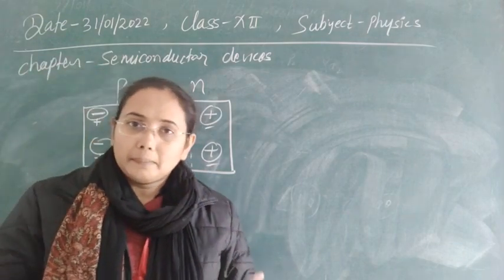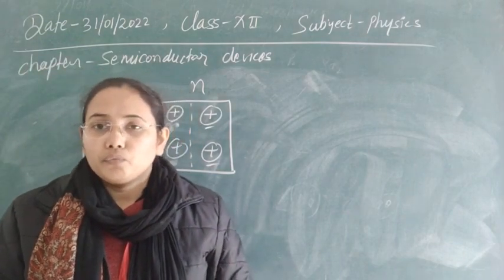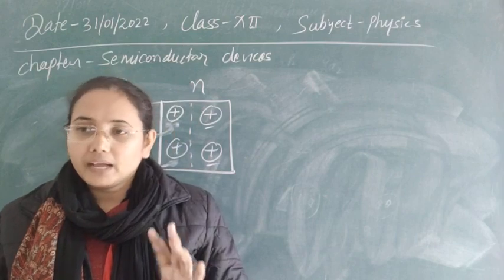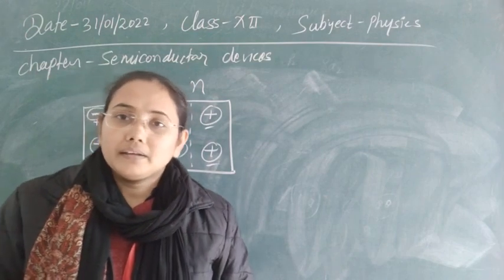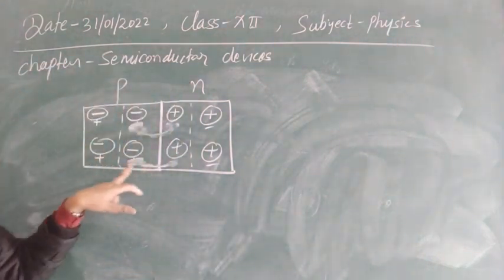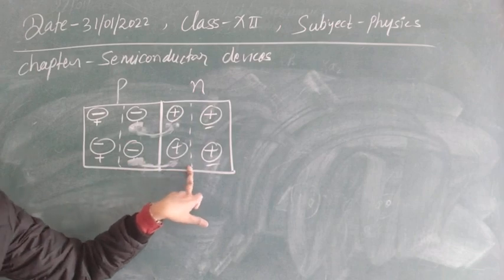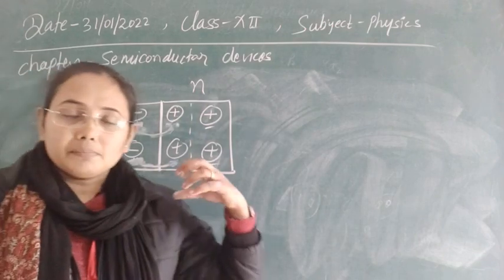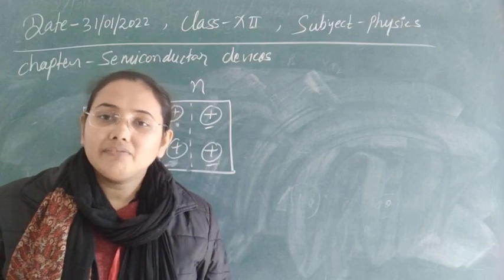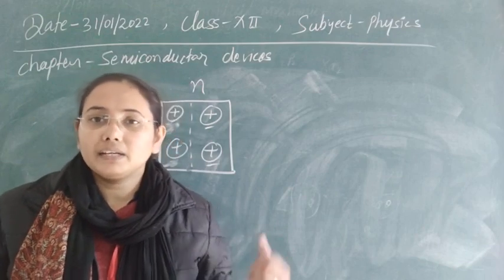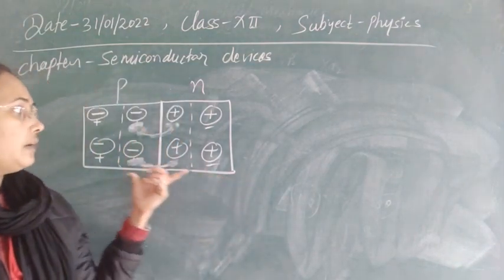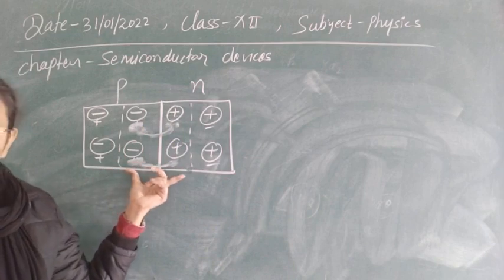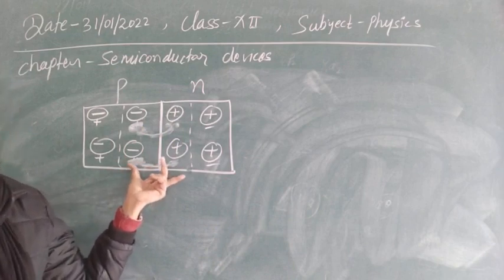So again, to get conduction we have only two choices. Either we can reduce this depletion region by supplying thermal energy, but if we use thermal energy, then definitely there will be some loss to our device. The second method is that we can use an electrical method.